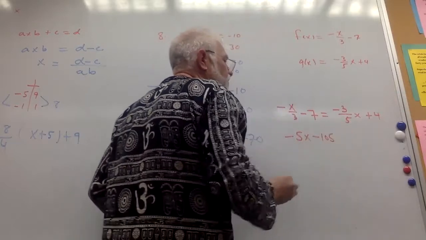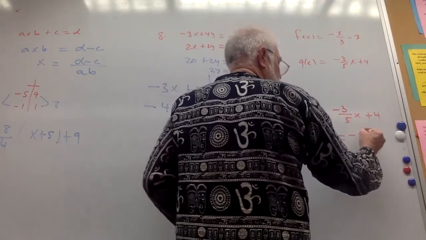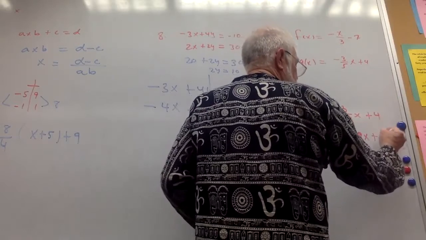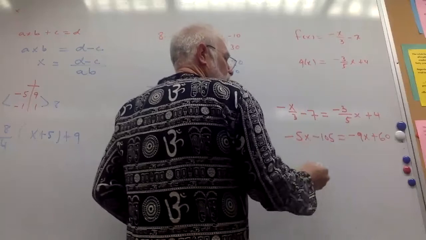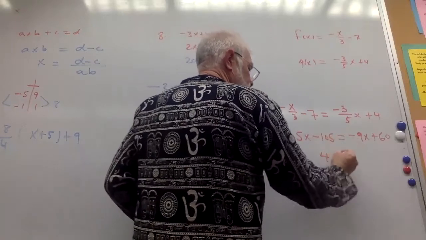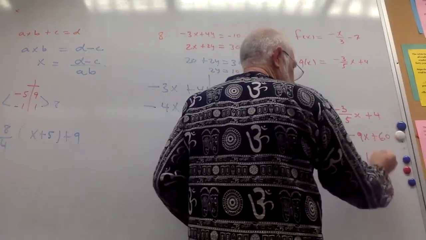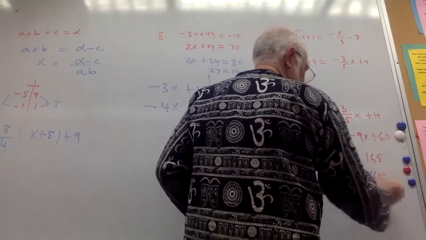Math teacher, I've done that one a lot. 15 into 5 is 3, so minus 9x. And 15 times 4 is 60. So I'll bring the 9x this way. That makes 4x. I'll make the 105 go on the other side, which is going to be 165. And so it looks like x is 165 divided by 4.